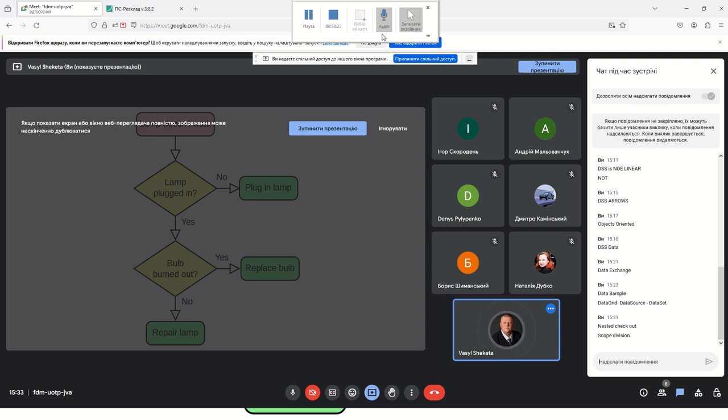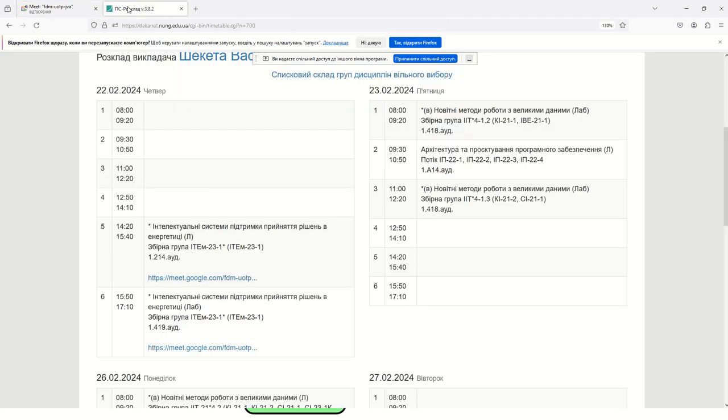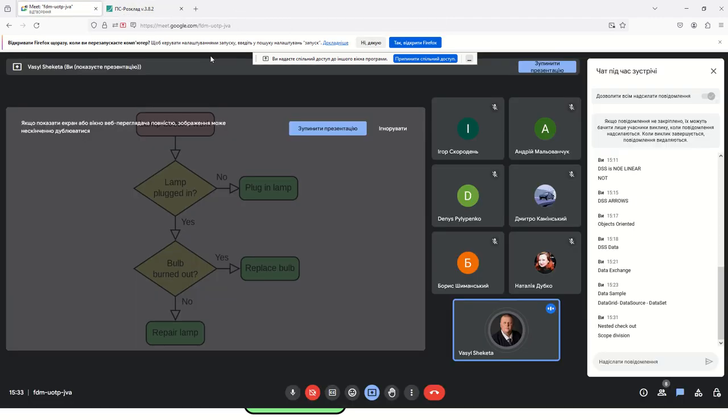The first one is that in real life we mostly work with strongly dynamic subject domains, not static, and this dynamic is very high.